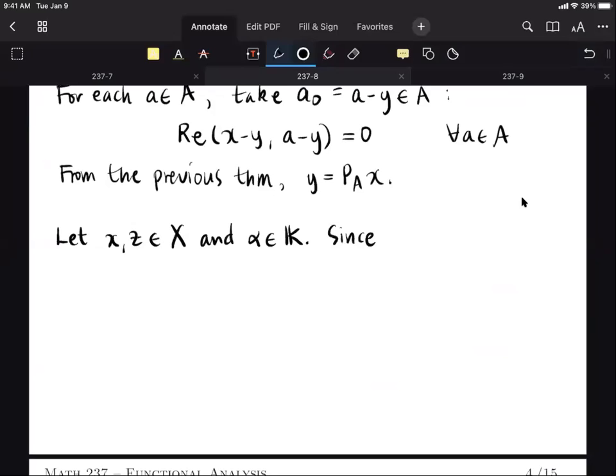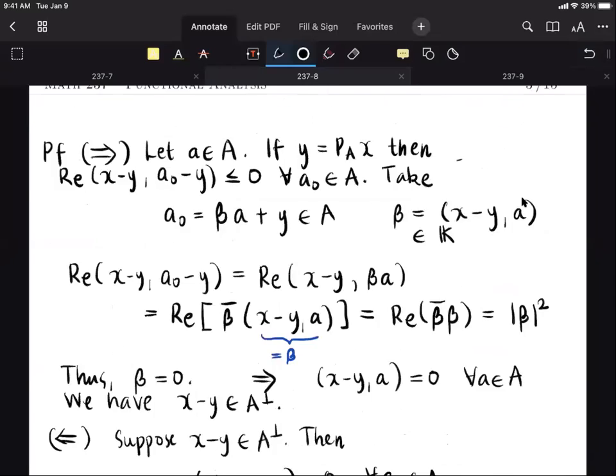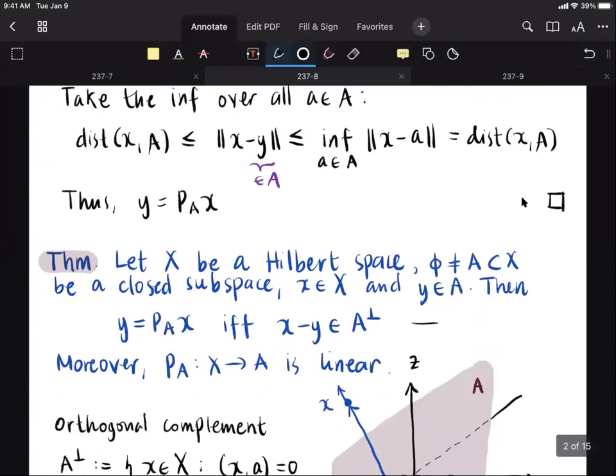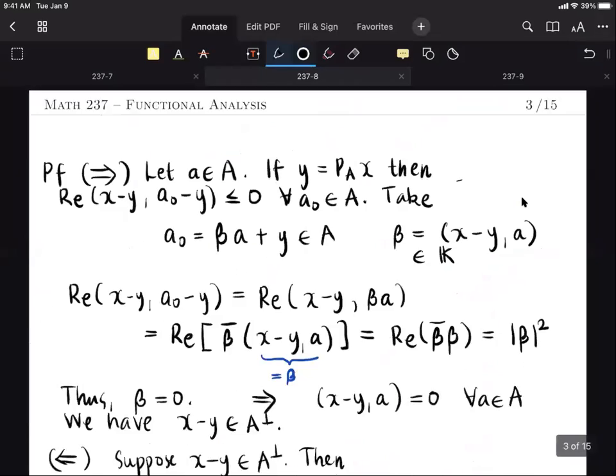Since x minus P_A x and z minus P_A z are in the orthogonal complement of A. And why is this the case? If y is equal to P_A of x, you just replace y by the projection. So the difference of the point and the projection must be in the orthogonal complement.